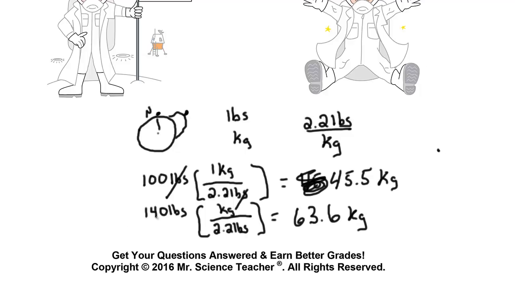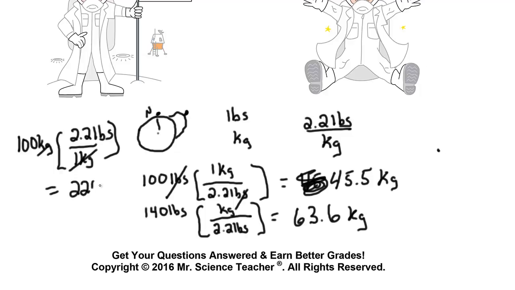So what if I wanted to go the other way, from kilograms to pounds? Let's say I have something that's 100 kilograms. How many pounds would that be? Well, for every 1 kilogram, there are 2.2 pounds. So the kilograms drop out, and 100 times 2.2 is 220 pounds.